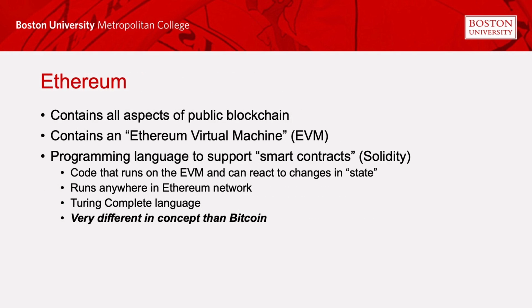Ethereum contains all the aspects of public blockchain, but it takes on the added burden of running an Ethereum Virtual Machine, and it has its own programming language, and these are compiled into programs called smart contracts that go on the blockchain, and these are Turing complete programs. With Bitcoin, as I explained in the transaction validation code, we limit the functionality of that to a Turing incomplete language, so a nefarious attacker cannot bring down the network with a denial of service.